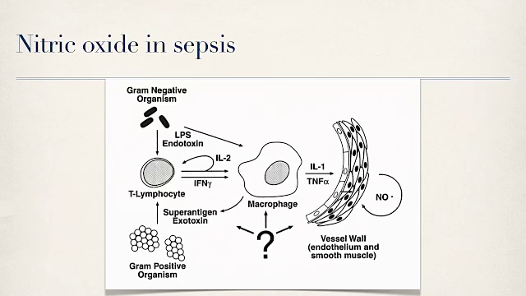I guess that was a protective mechanism. When you have an infection somewhere regionally in the body, the infection will cause vasodilatation to bring more blood and more white cells to fight the infection. However, when we have generalized sepsis, that's a systemic inflammatory response, that vasodilatation is generalized and also mediated by nitric oxide, and it's very difficult to treat sometimes.